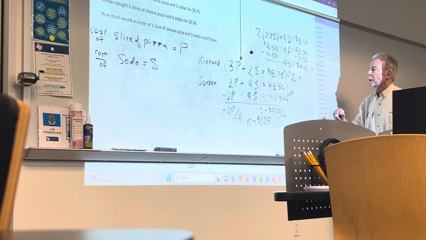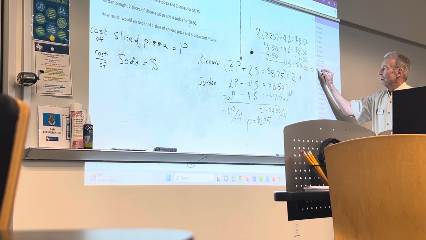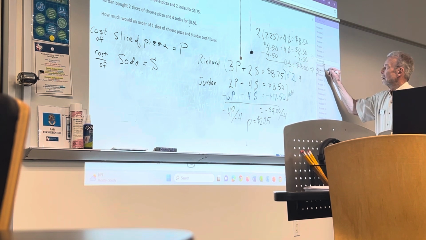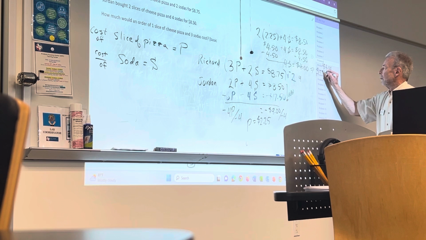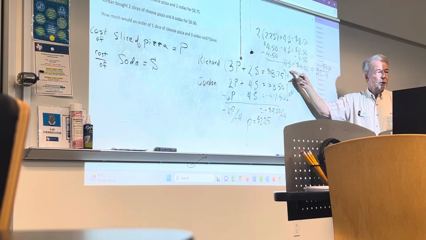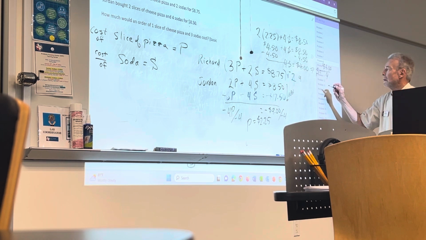So then we can say, well, s is equal to $4 divided by this 4, right? Do the opposite, this is a multiplication, so we divide, and so the cost of the soda is equal to $1.